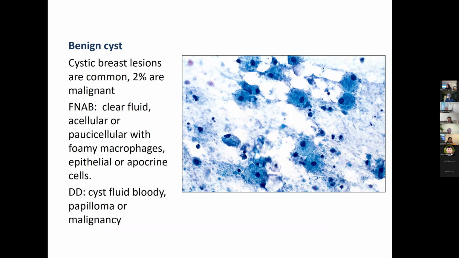If they are clear fluid with foamy macrophages, it's pretty easy to call it benign. I would not call this non-diagnostic, even though you don't have the epithelial cells. Like we talked about the adequacy criteria for breast, you might want to make some exceptions in cases like a cyst content because of the clear fluid that you're getting. So the context is very important.